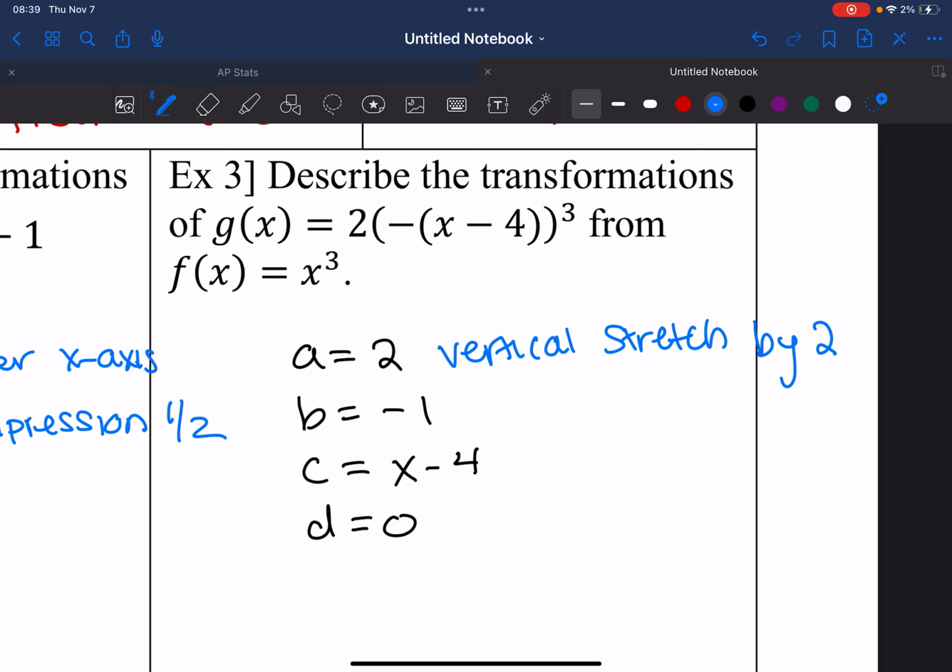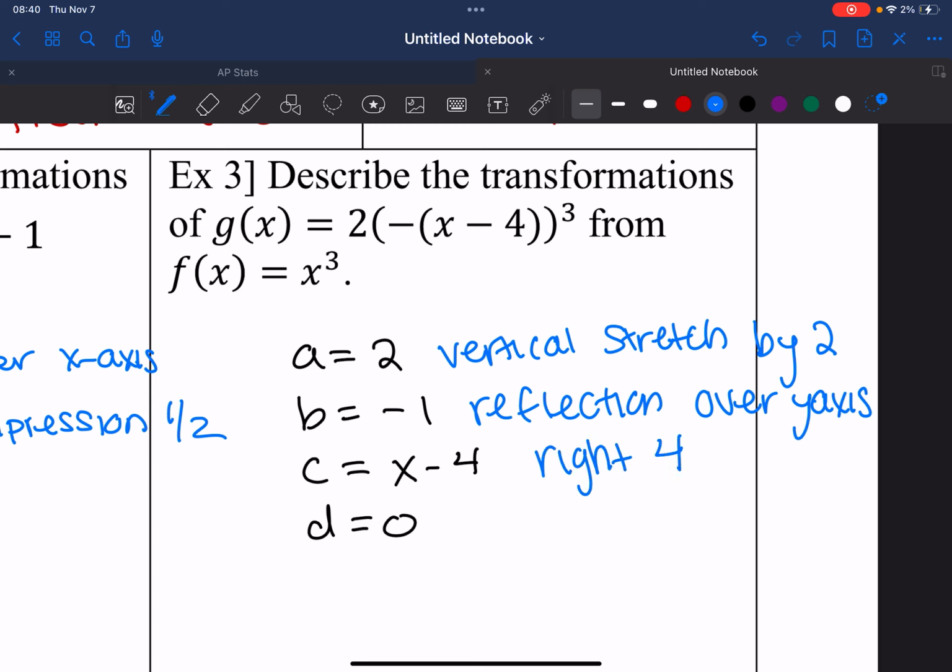B equals -1 says we're going to have a reflection over the y-axis. X minus 4 tells us we're going right 4. And D equals 0 doesn't tell us anything, so we can skip it.